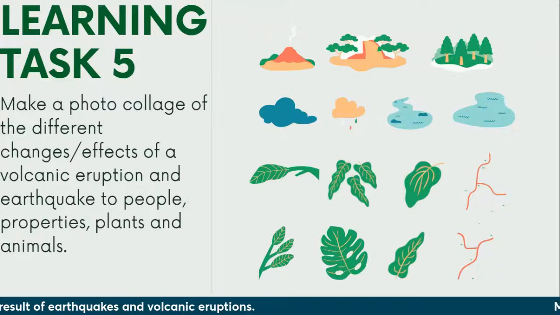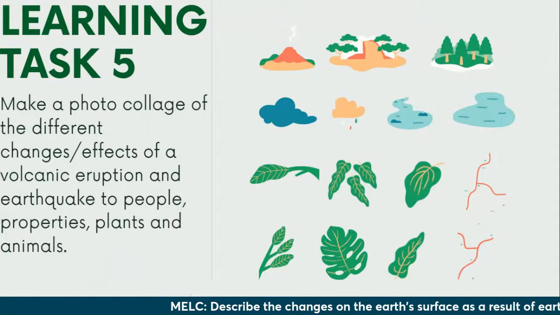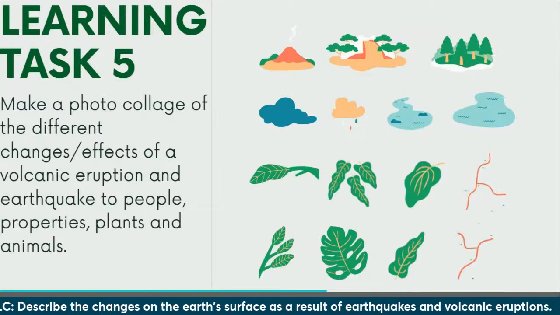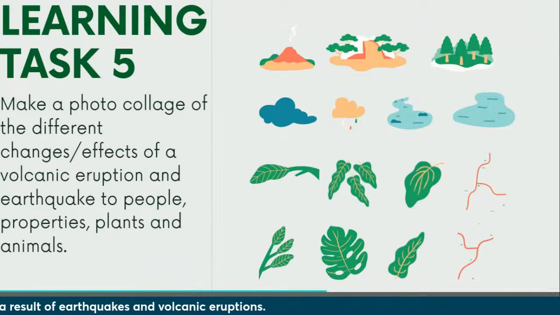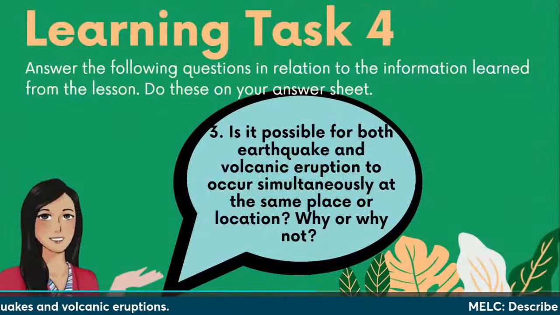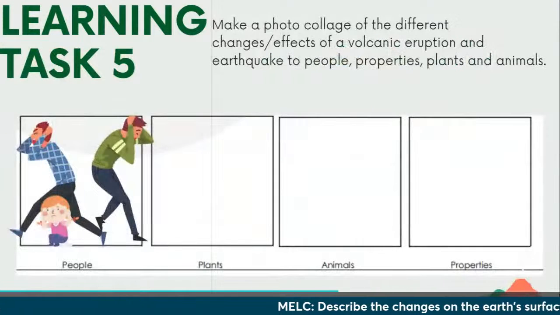You can cut some photos or images from magazines or from other reading materials and make a photo collage about the different changes or effects of volcanic eruption and earthquake. Be guided by this sample.